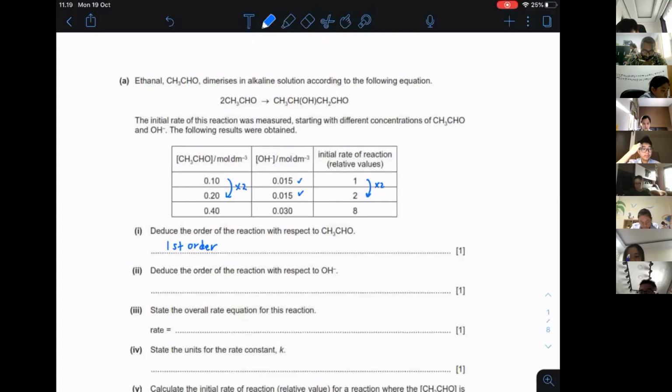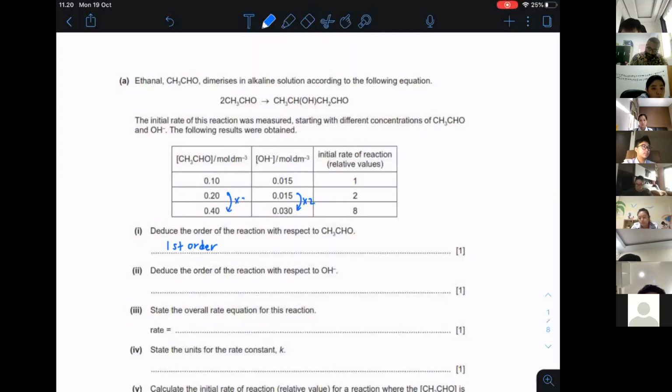Now OH minus. Because we have determined it's going to be first order, let's erase this part. Let's see how we are going to compare. So if you see here, 0.15, there is no way to change, the aldehyde is constant. Here this is double, this is also double.